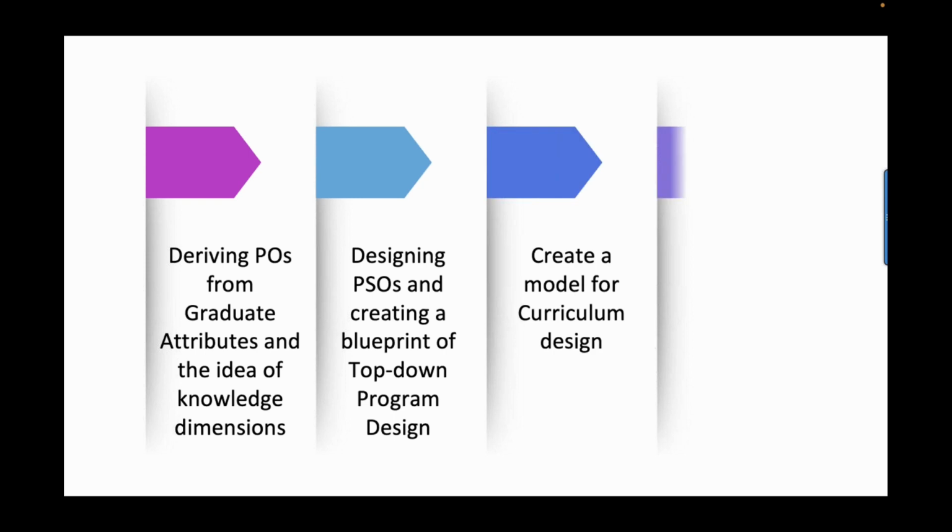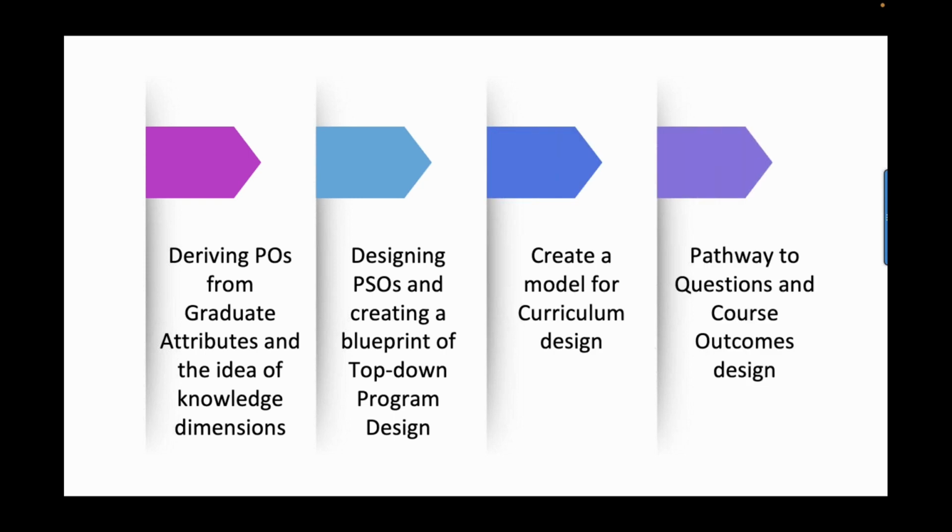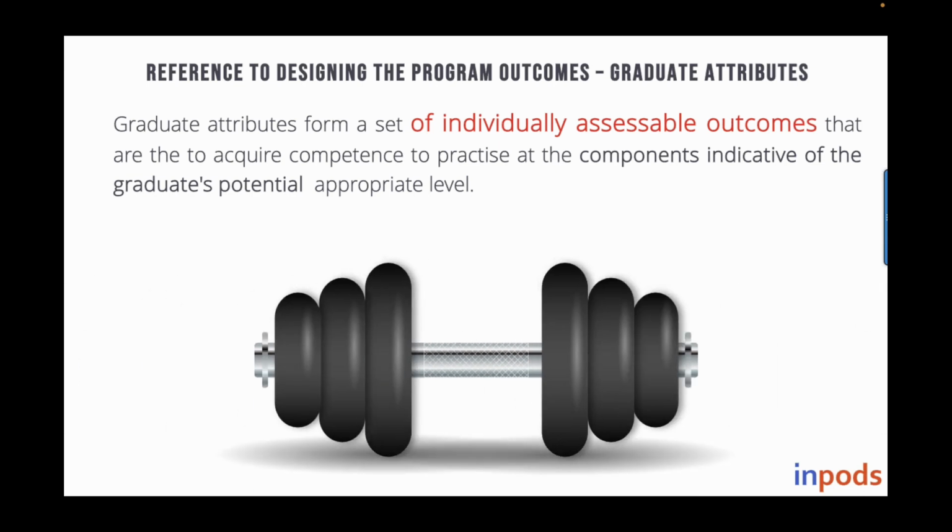We'll look at how you can use various ready-made references to design your program outcomes and the program specific outcomes. These are the first two important points we'll cover, followed by that, we will create a model for curriculum design, and that will establish a pathway to the course outcomes design.